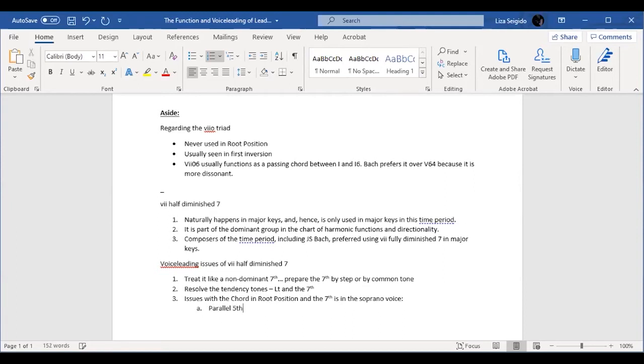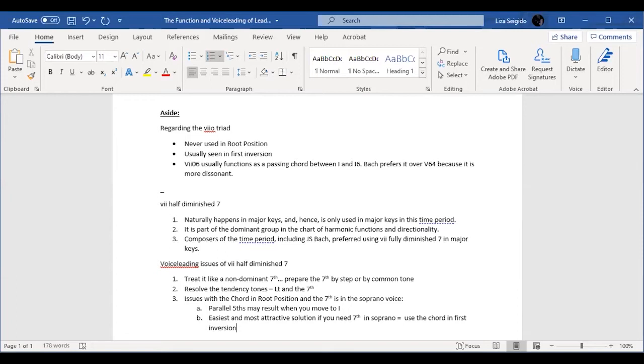Parallel fifths may result when you move to 1. Easiest and most attractive solution: if the only place you were able to prepare that 7th was in the soprano, then the easiest thing you can do is use the chord in first inversion.